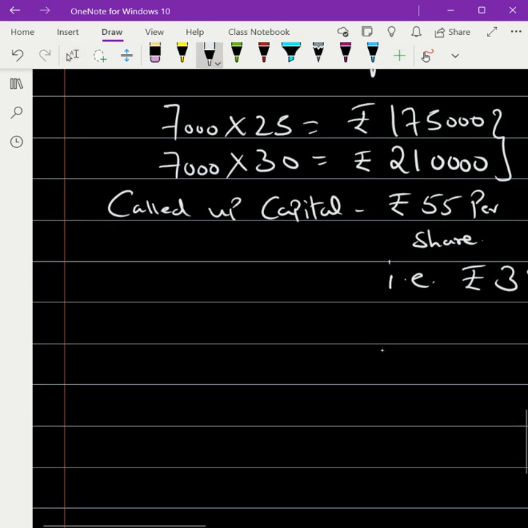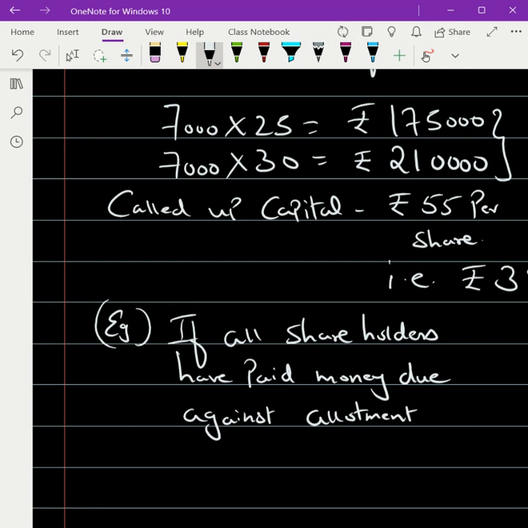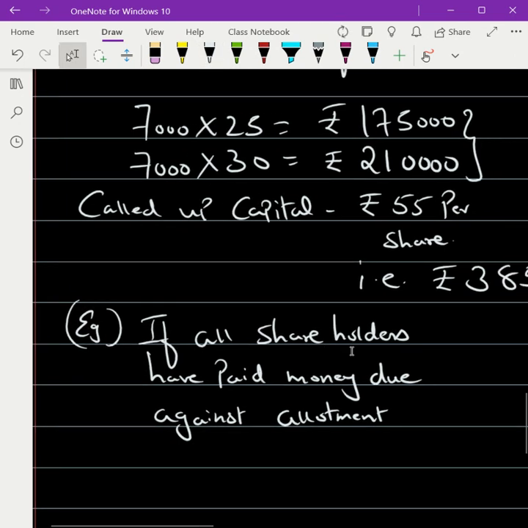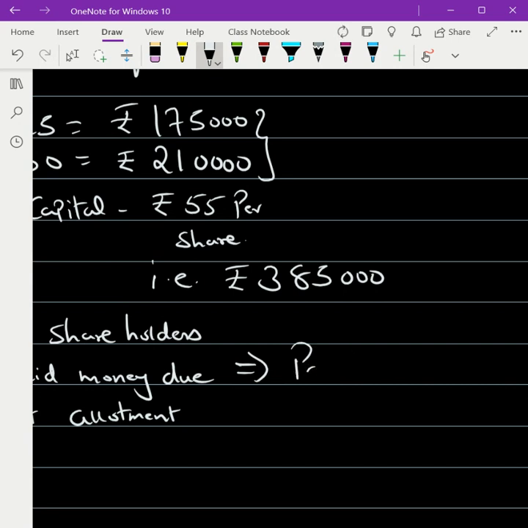Now, if all the shareholders have paid the money due against allotment, then your paid up capital will be the same amount, rupees 3,85,000.